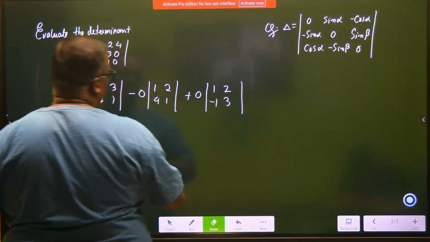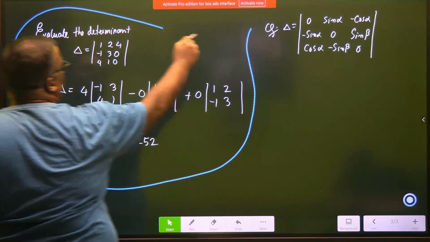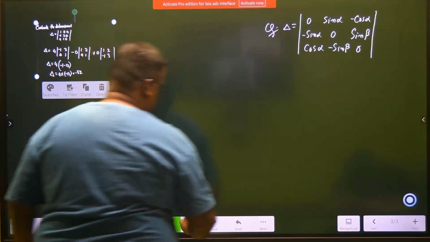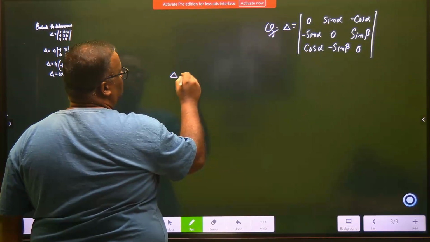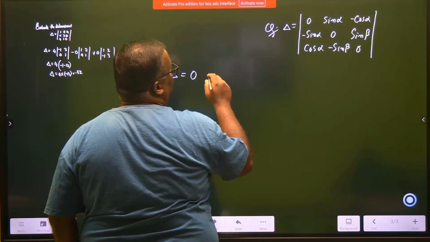Can I take off this portion? Make it a little bit smaller. Okay, let's do this. The determinant equals to 0. Obviously, we are not expanding any further.